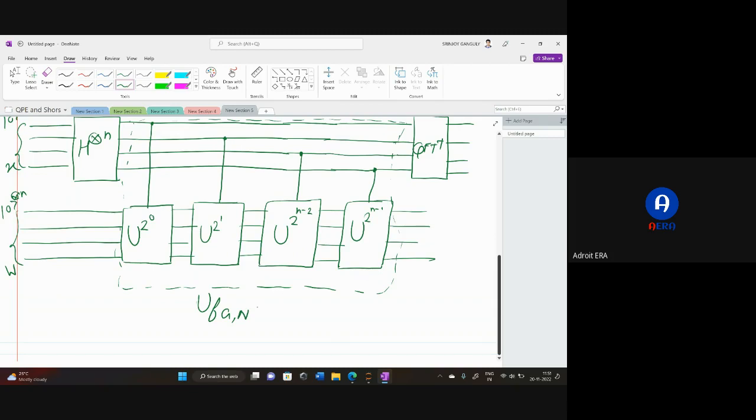This is how it is implemented, and this can be implemented with controlled phase gates, which you saw, basically the QPE circuit. So therefore that concludes Shor's algorithm.